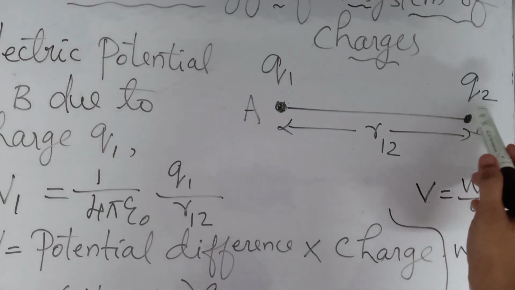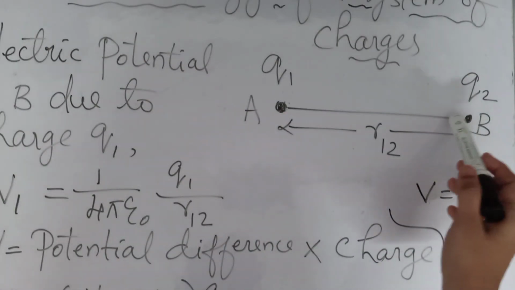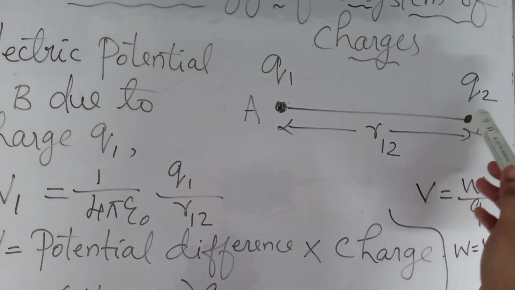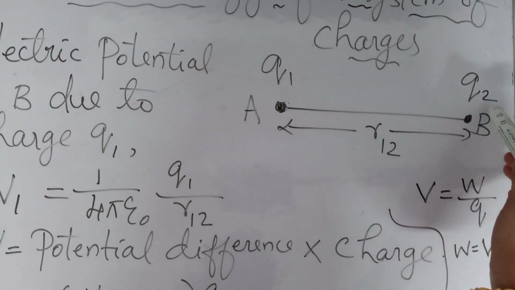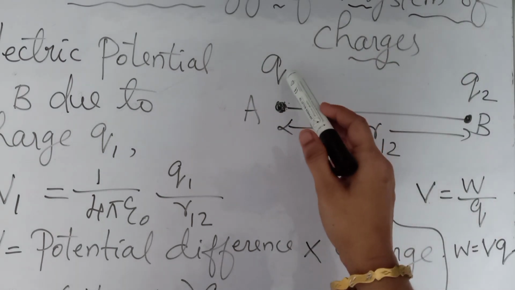And now we have to bring the charge Q2 from infinity to B. So for that we have to do work, and that work we have to calculate. How can we find the work done? W will be equal to V into Q, that equation we can use. If you consider Q2, are there any other charges acting on this system? Because this is a system of charges, and here Q1 is also there.